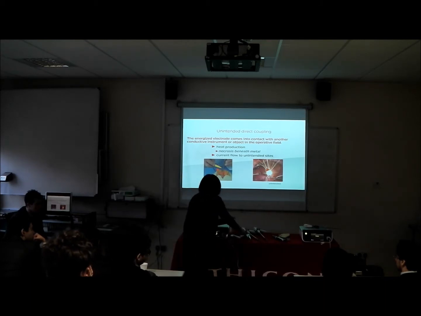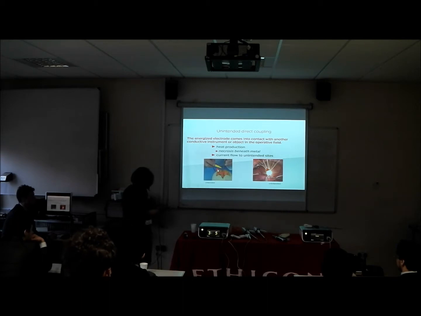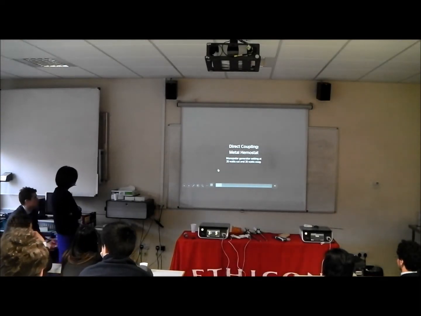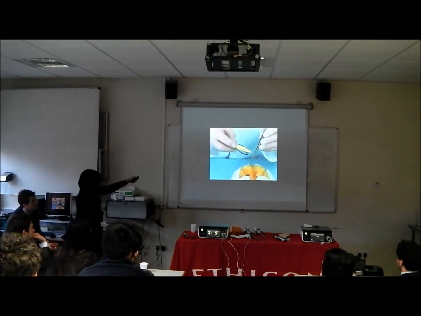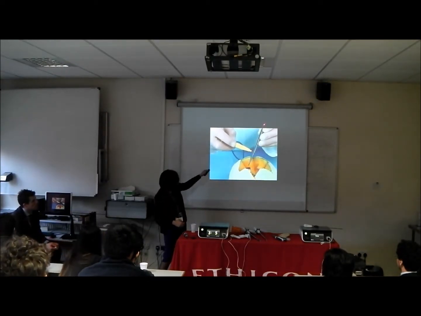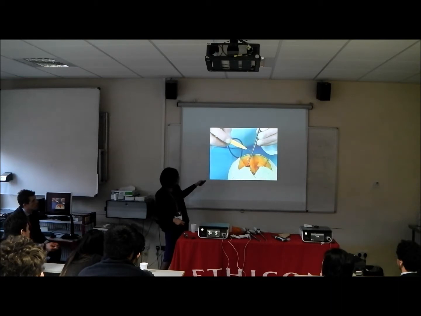So I'm going to show you a clip, not for the faint-hearted. This is just animation, so you'll be fine. If you see this bit, this is the equipment, and this is the accidental burn, and you see how the current is flowing from this one to this one, although this one doesn't have any electricity attached to it.